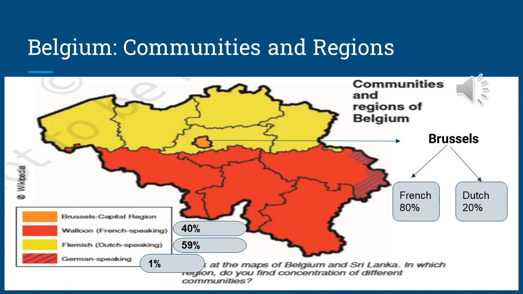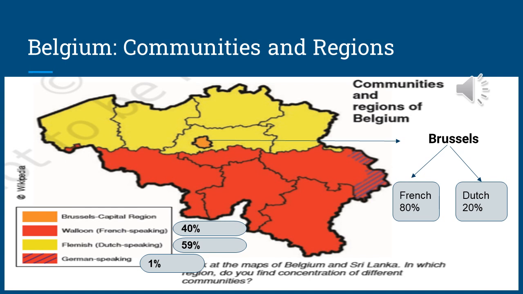The concentration of population is of French speakers. It's a French speaking population dominated area, and the percentage of French speakers is 40% of the total population of Belgium.